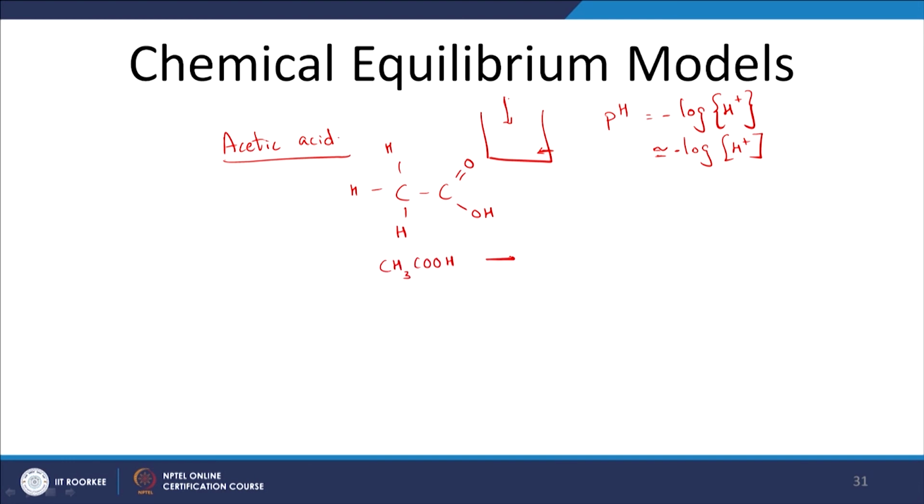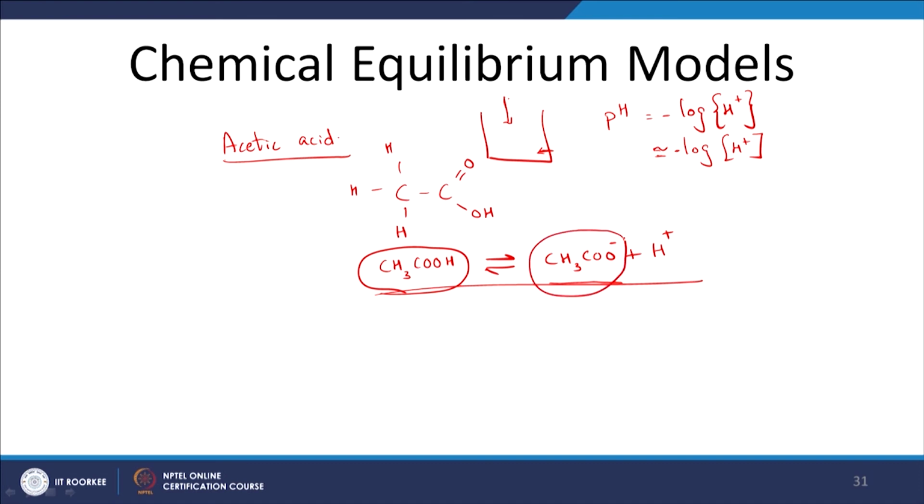It can behave as an acid and dissociate, or try to donate the proton H plus. So it exists in equilibrium with the deprotonated form, CH3COO minus. This is the protonated form because it has the proton, and this is the deprotonated form.